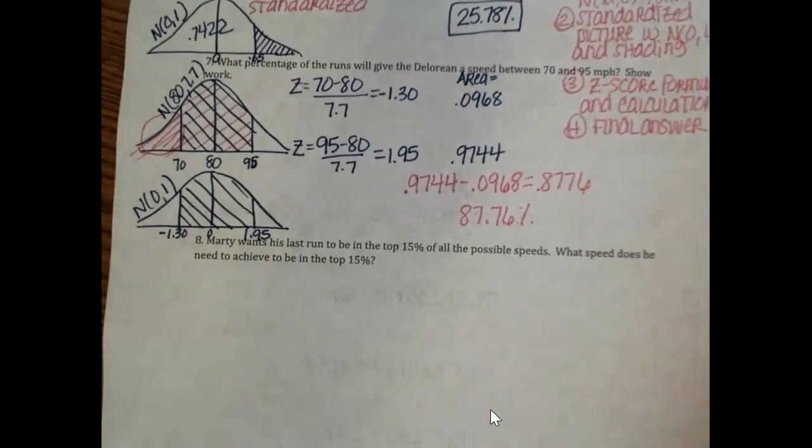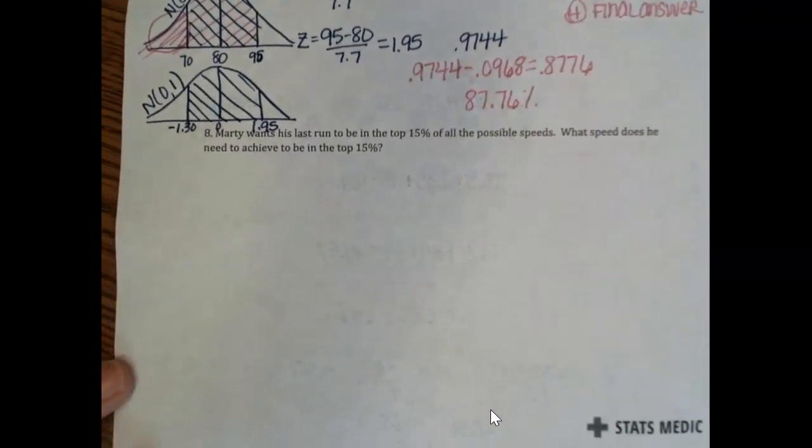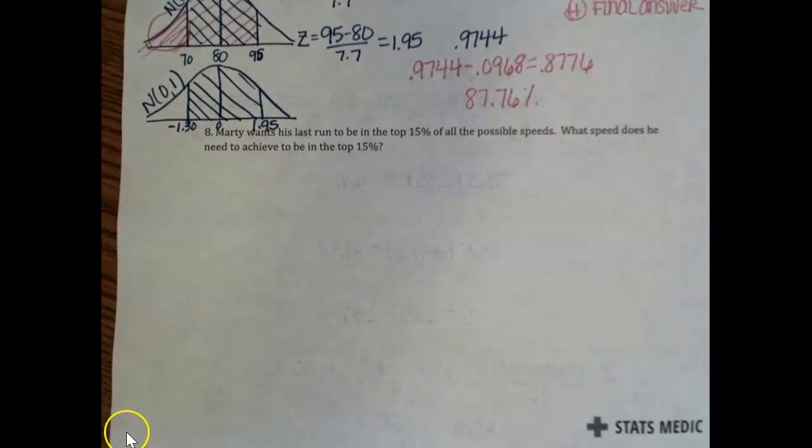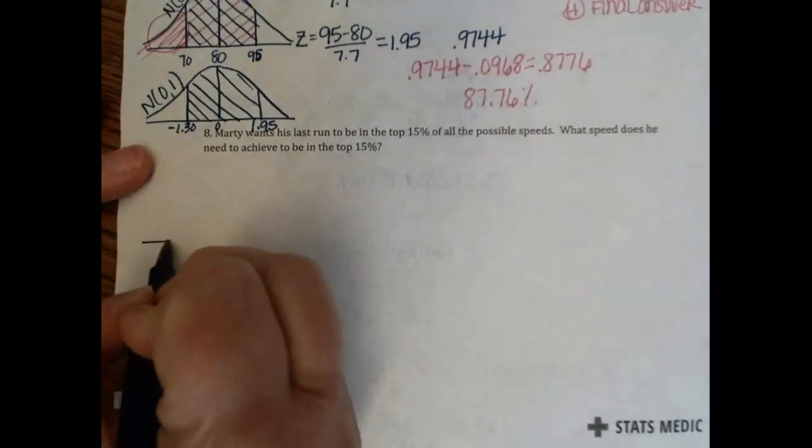All right, so hopefully you're kind of starting to see how we're doing here. One last one, and I'm going to ask it a slightly different way. Marty wants his last run to be in the top 15% of all possible speeds. What speed does he need to achieve this top 15%? So before I was asking about a speed in particular. Okay, so let's draw the picture.